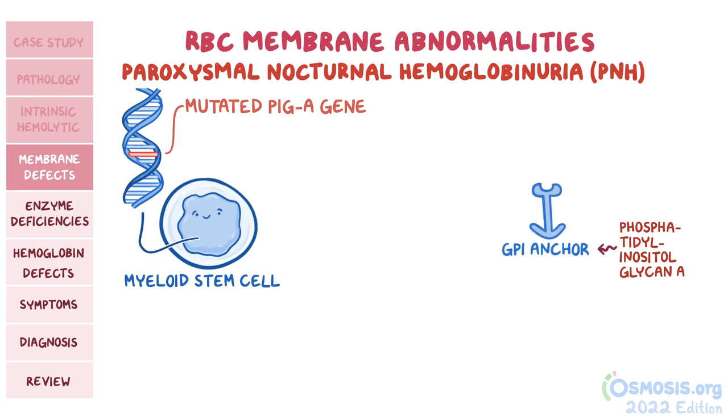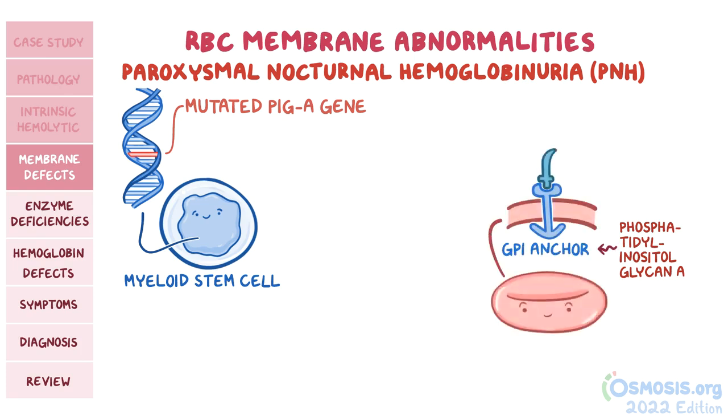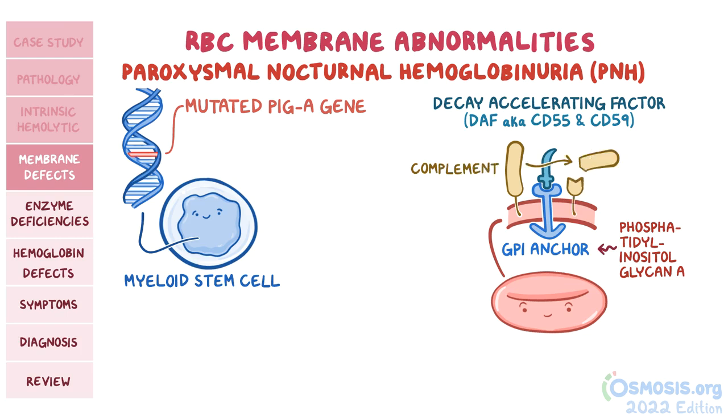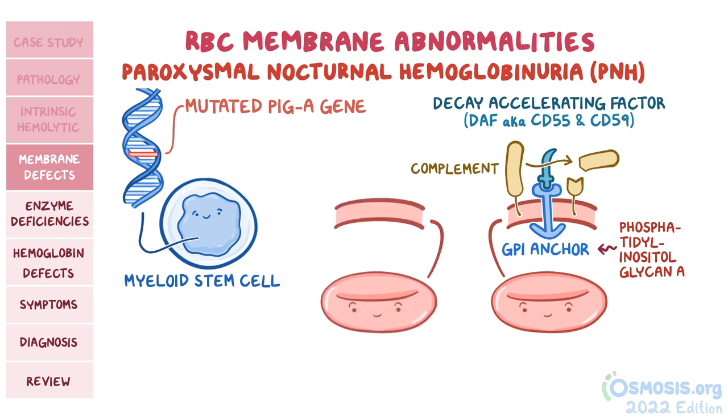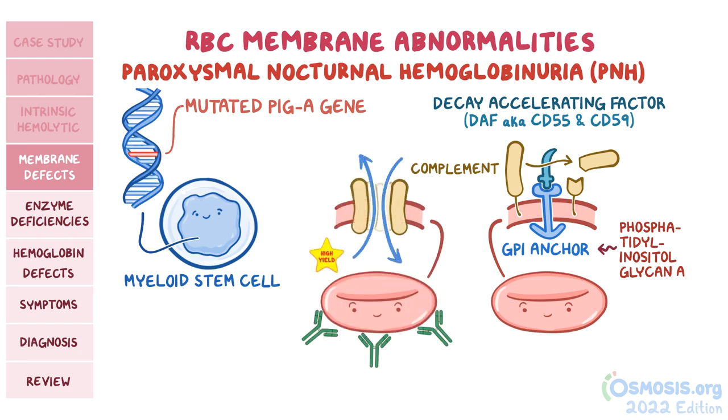GPI anchor is found in the membrane of all types of blood cells and serves to anchor proteins like decay accelerating factor, or DAF, also known as CD55, and CD59, to the cell membrane. These proteins normally inactivate the complement, and so they protect the cells from complement lysis. So for your exams, remember that in PNH, the complement stays activated and causes intravascular hemolysis.